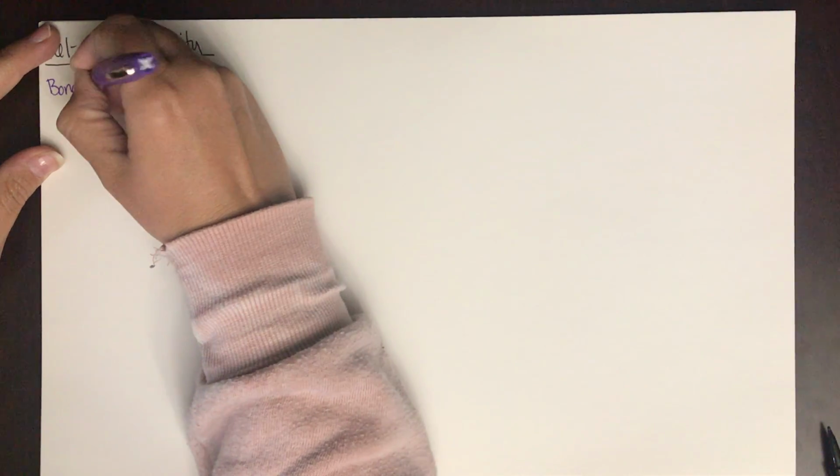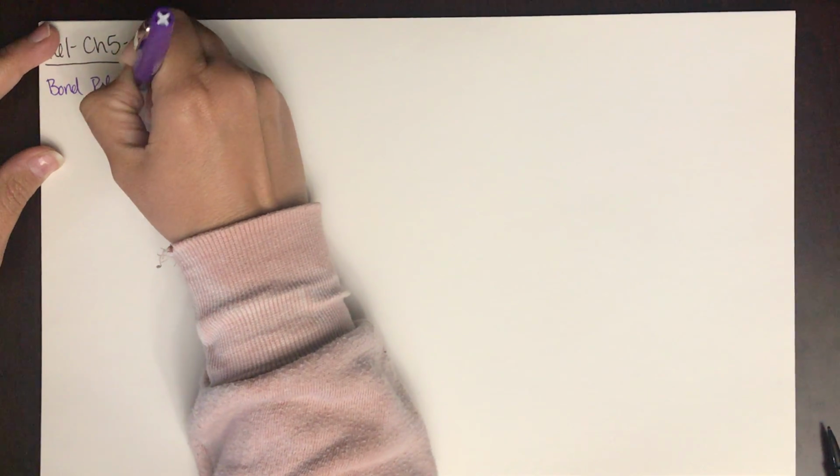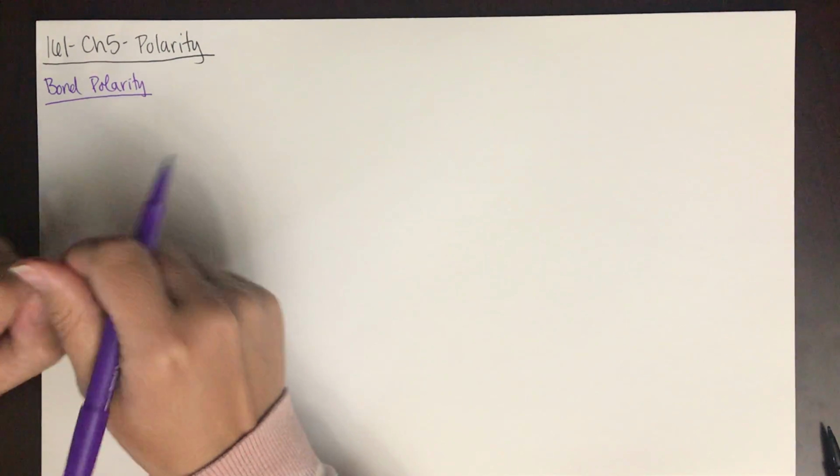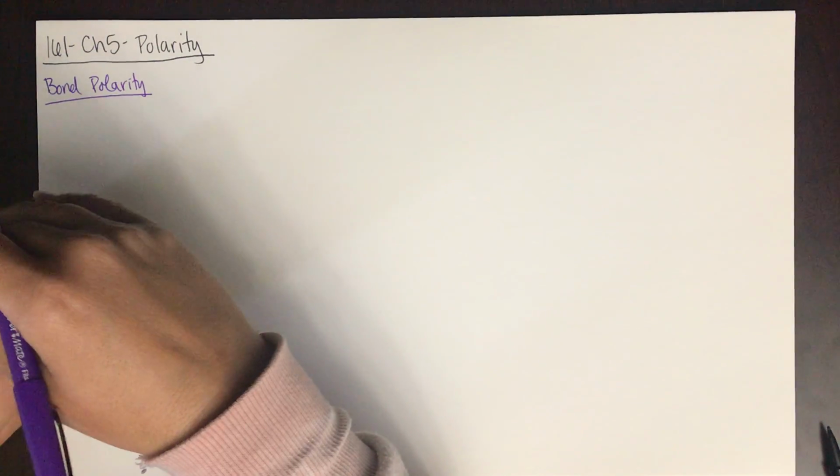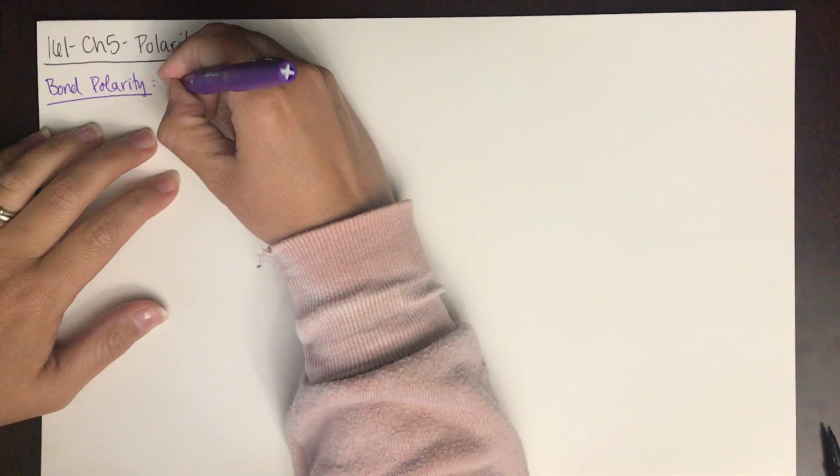Now we're going to talk about polarity as it applies to the whole molecule. So this is a little bit different. So what we said before about bond polarity, bond polarity is a separation of charge based on different electronegativities of atoms in a covalent bond.